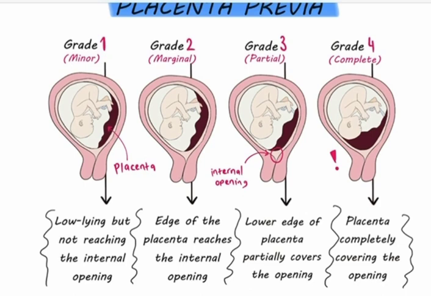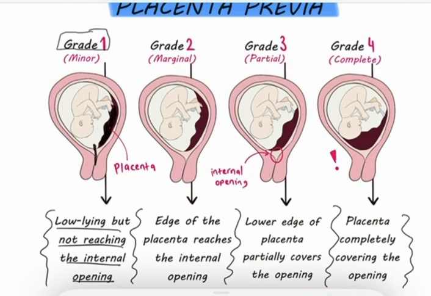There are various grades of placenta previa. First one is grade 1. In grade 1 placenta previa, you can see the placenta is low lying, but still it is not reaching up to the internal opening. This is the placenta. It is just reaching up to the os, but is not covering the os.